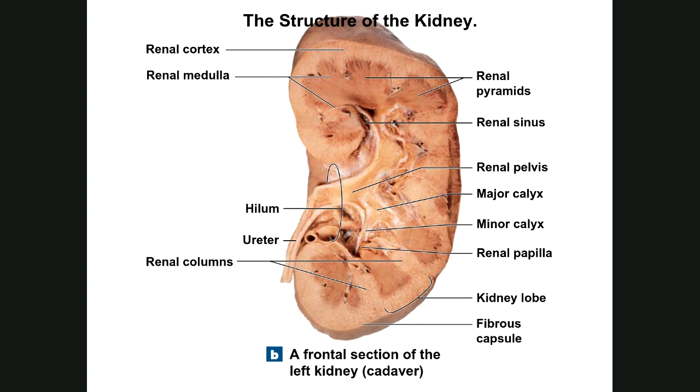This is the renal medulla, the major calyx, minor calyx, renal papilla, the hilum, the ureter, and this is one kidney lobe. This is another kidney lobe. This is another kidney lobe. And all covered by the fibrous capsule.